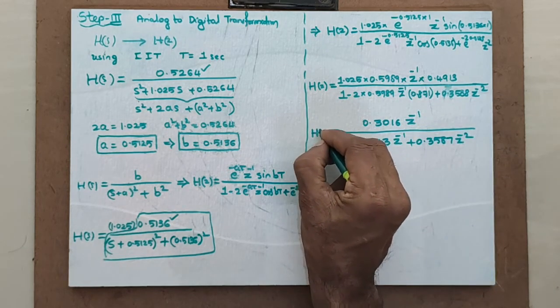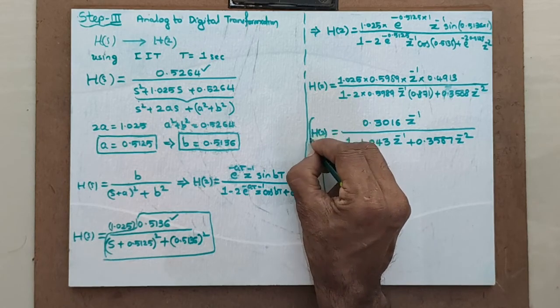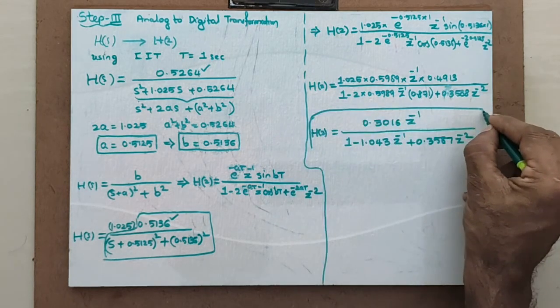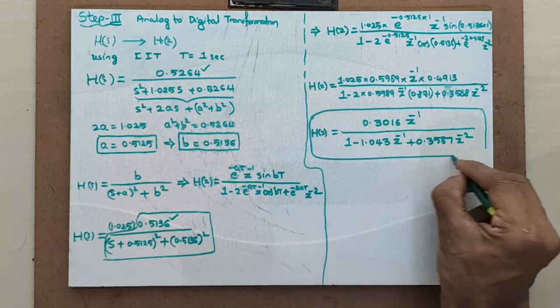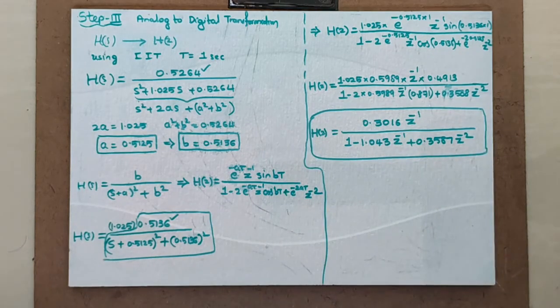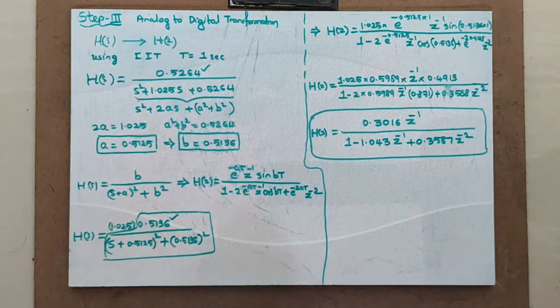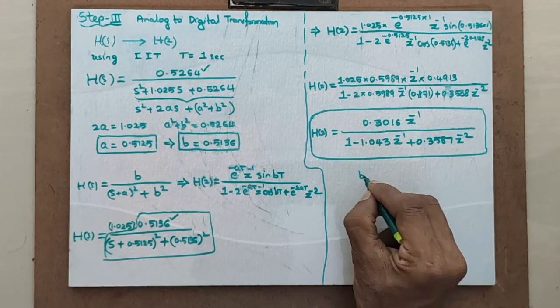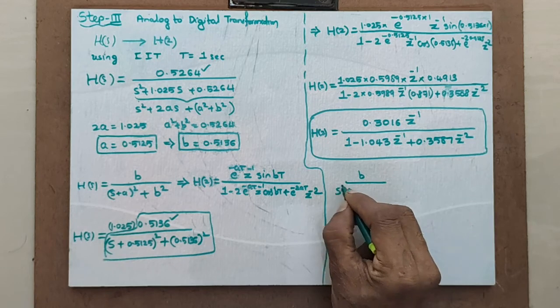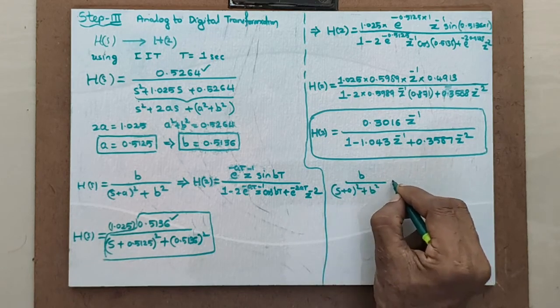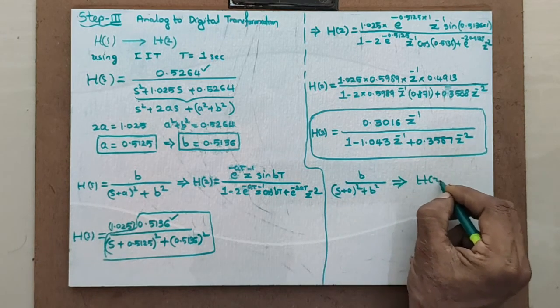That's what is H(z). I found finally the answer H(z) using impulse invariant transformation. Okay, impulse invariant transformation in step 3. Okay, what was the technique here? Technique was very simple. B divided by (s plus a) whole square plus b square is transformed into H(z) using the standard formula.